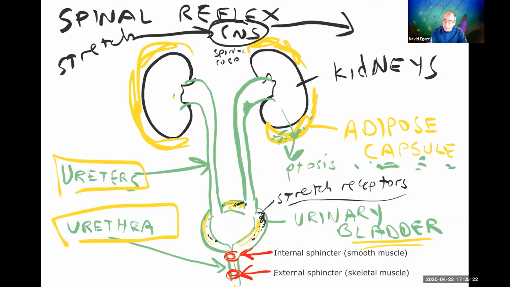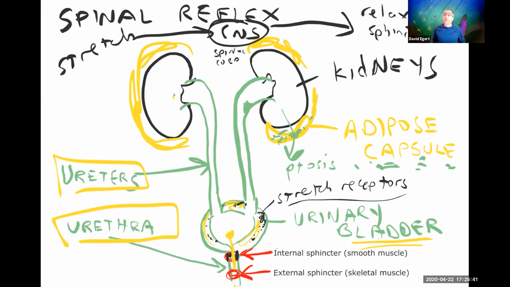And the response is going to be to relax the internal sphincter. So this internal sphincter will relax, which then puts the pressure down to the next level.